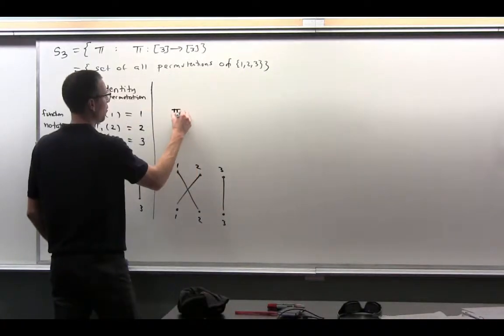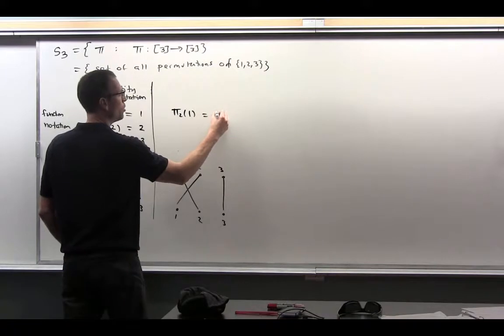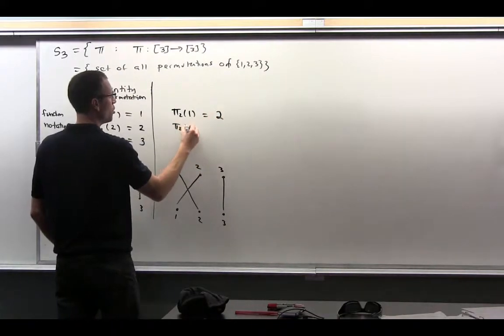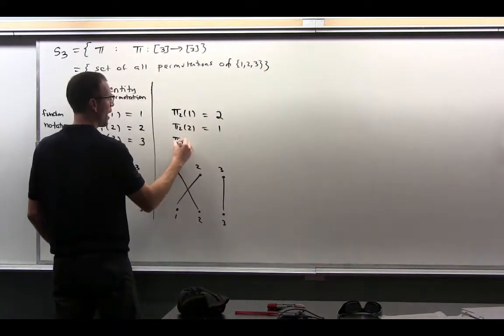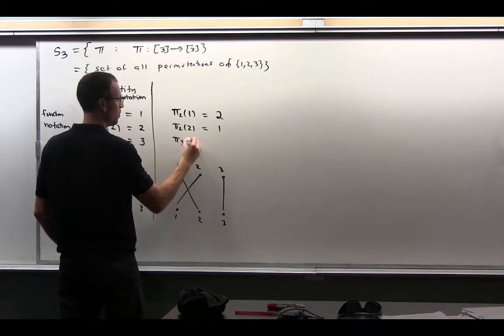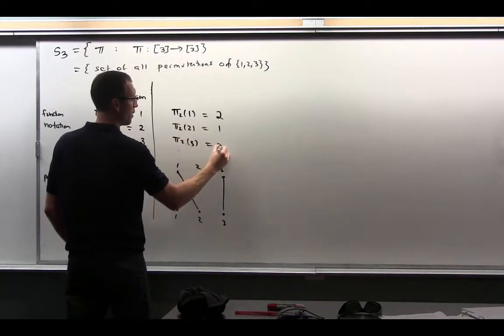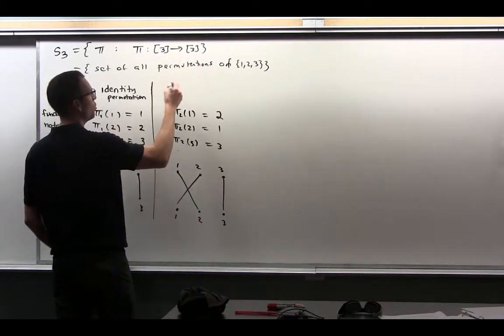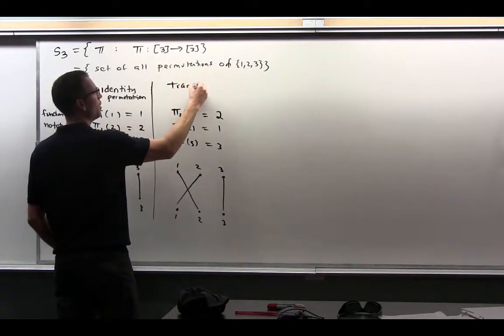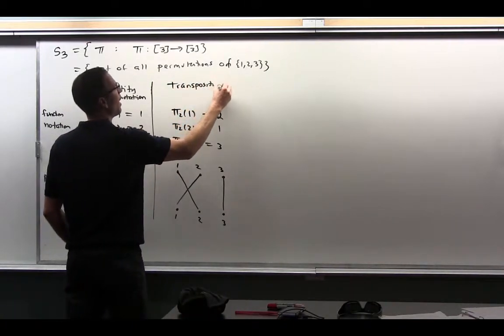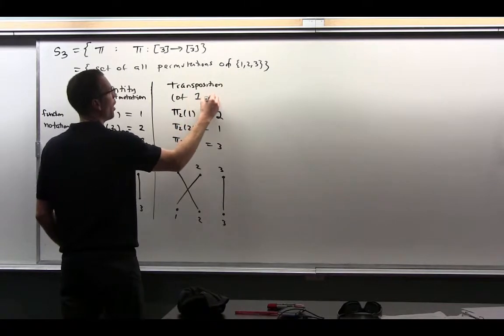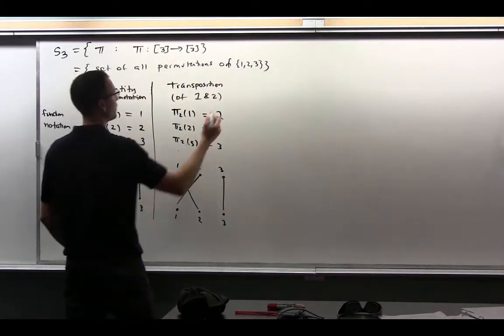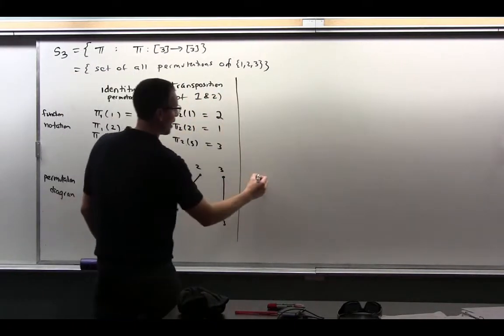What would that look like in function notation? 1 goes to 2, 2 goes to 1. What happens to 3? Nothing. So we'll call that permutation 2. And this is now a transposition, and you could write it as (1 2). Okay, let's take a look at the next one.